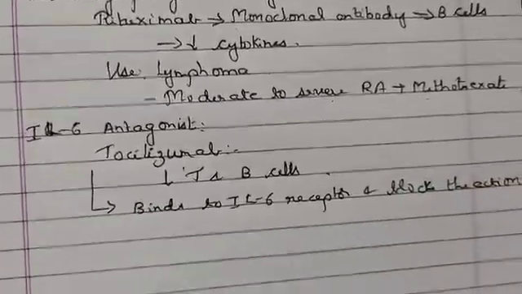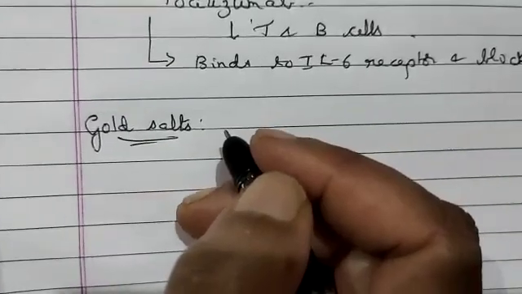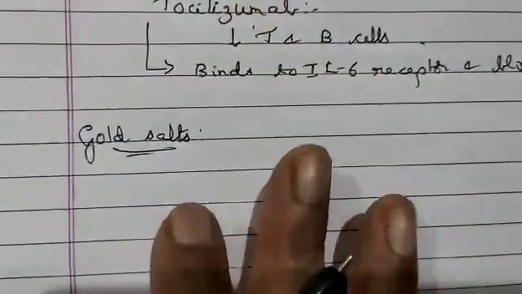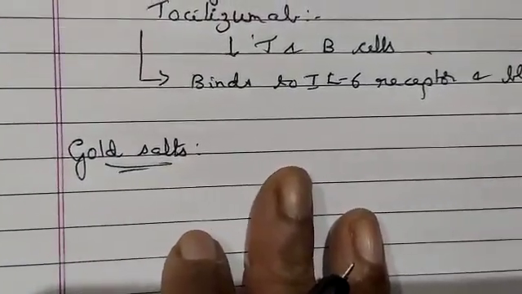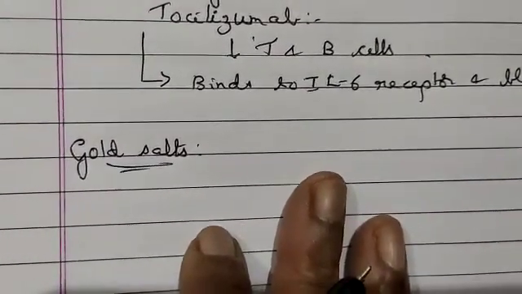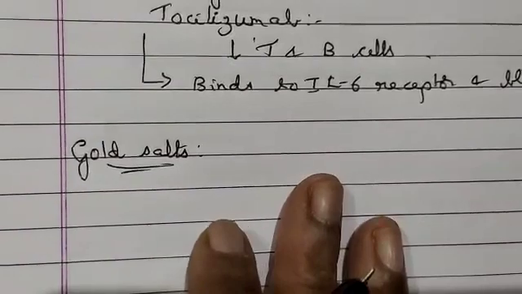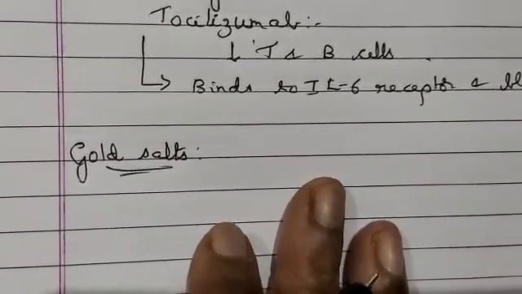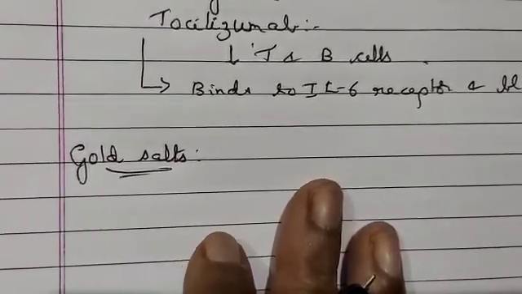Coming to the last class of drugs, the gold salts. Earlier gold salts were most commonly used, but because of their toxicity and lack of safety, gold salts are not used for the treatment of rheumatoid arthritis.